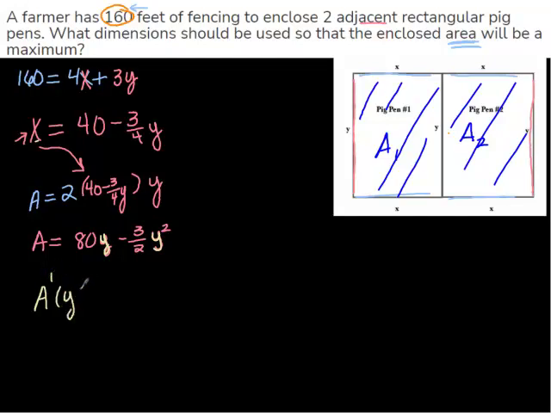The derivative in terms of y is equal to 80, and the derivative here is 2 times 3 is 6, 6 over 2 is 3, minus 3y. We good? Being really, really careful and precise.